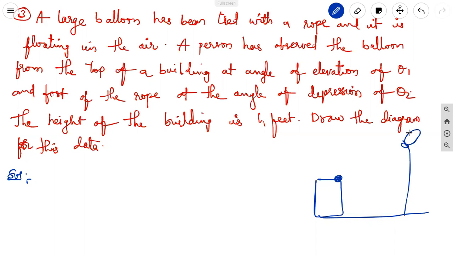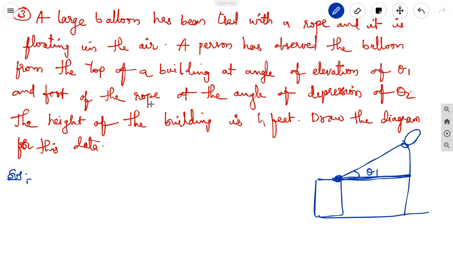This is the horizontal line where the observer observes, and the angle between the horizontal line and the rope tied to the balloon is called the angle of elevation. That is, from bottom to top, the angle is the angle of elevation.